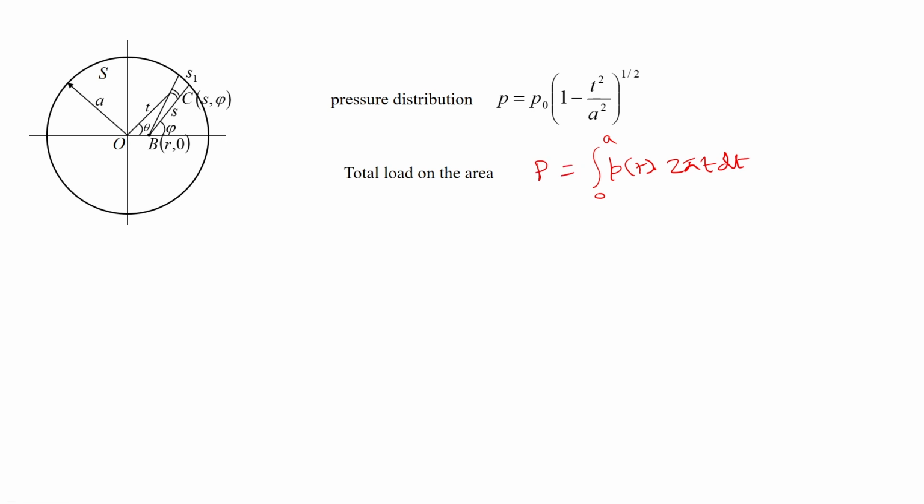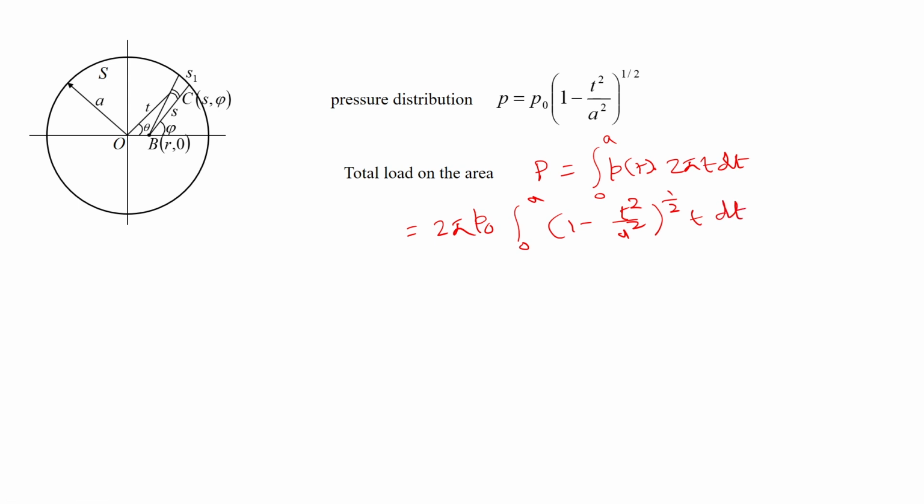So, P = integral of p(t) 2 pi t dt, and p(t) is equal to p0 times the square root of 1 minus t square by a square, from 0 to a, and this is 2 pi. So, I can write 2 pi here, and t here, and dt here.